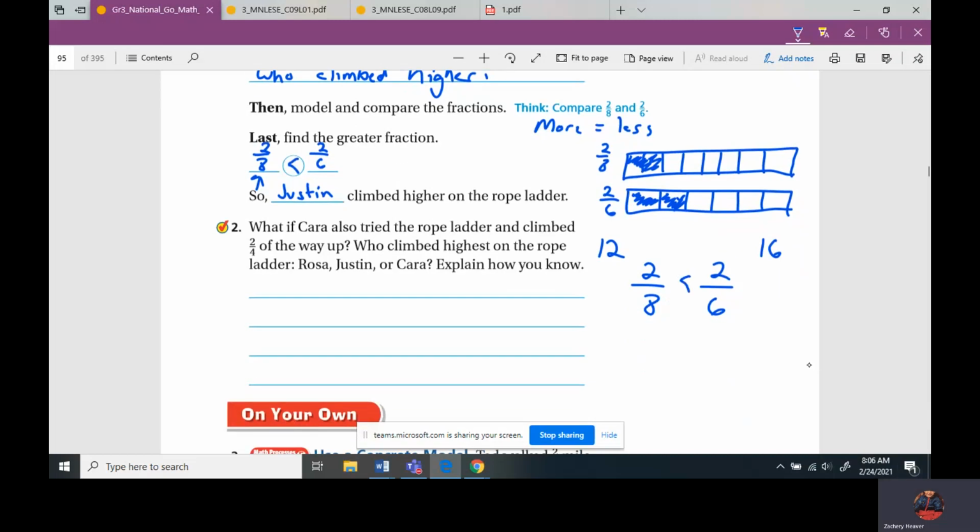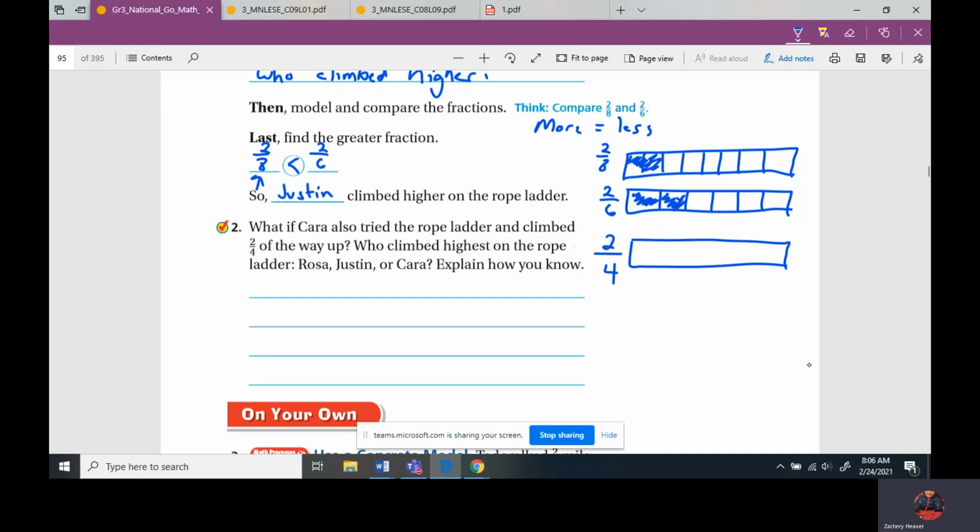If Kara also tried the rope ladder and climbed 2/4 of the way up, who climbed the highest? So now we're going to add Kara in this. She did 2/4. Her numerator is still 2, like everyone else's. But look, her denominator is 4. It's even smaller, which means the pieces are going to be bigger.